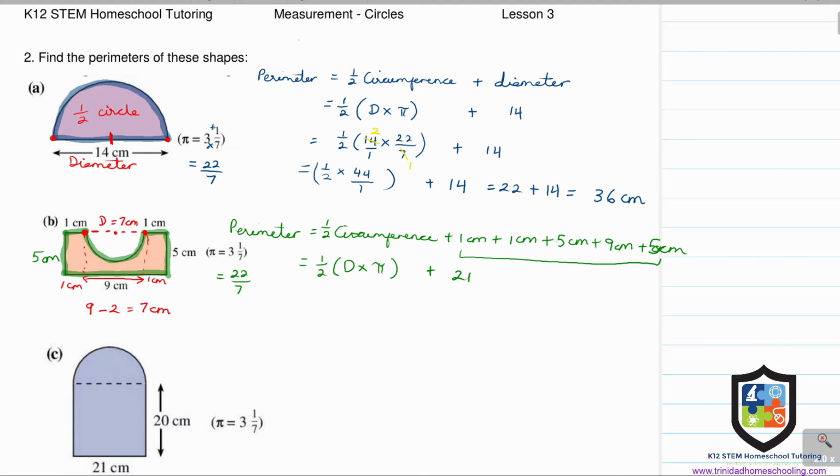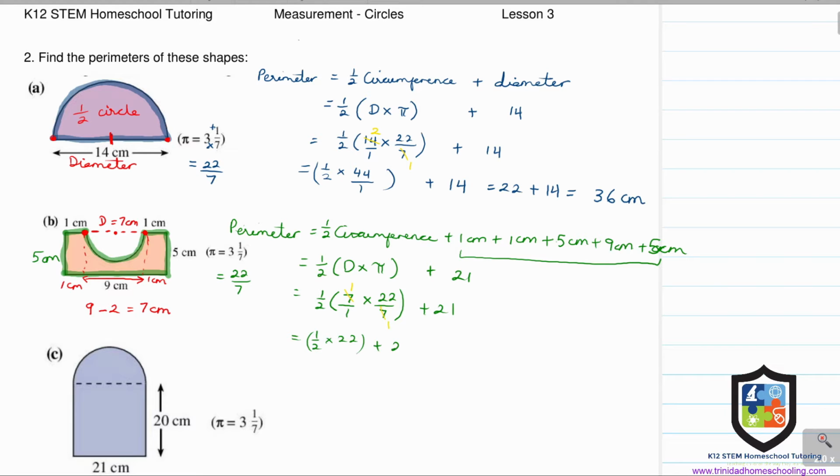So I have a half of my diameter. We calculated it to be 7. And we are using 22 divided by 7 as our pi. So 7 divided by 7 is 1, and we're left with a half of 22.